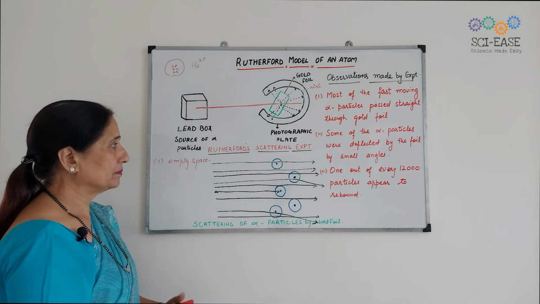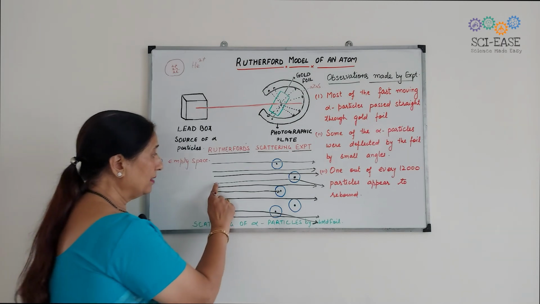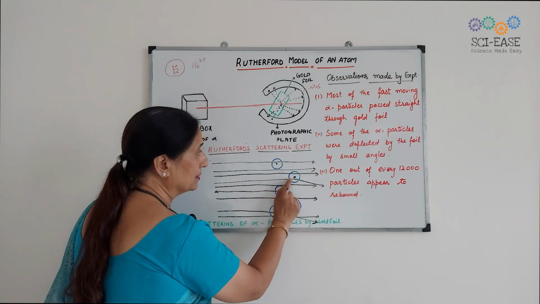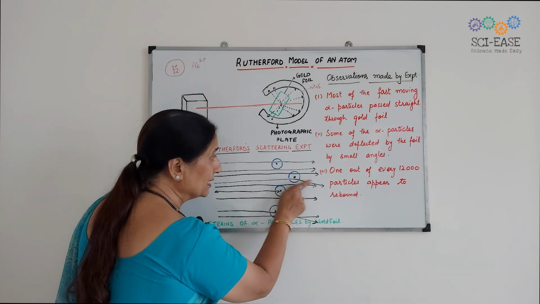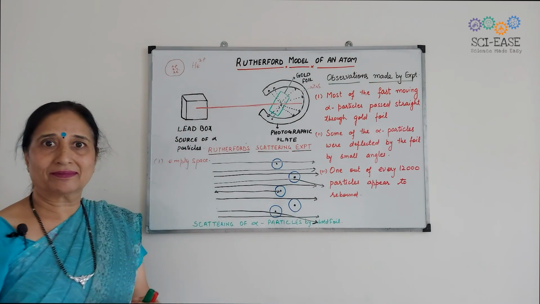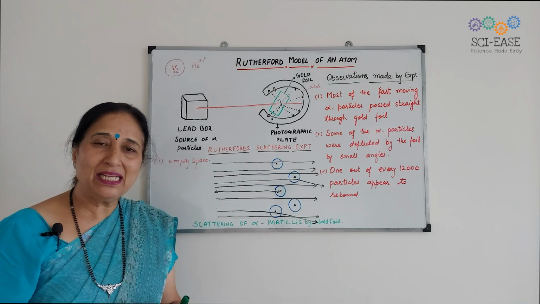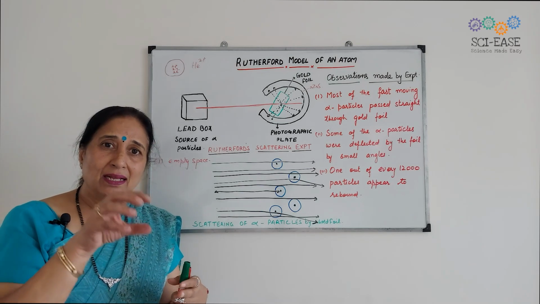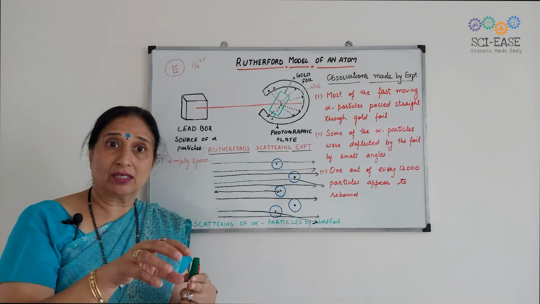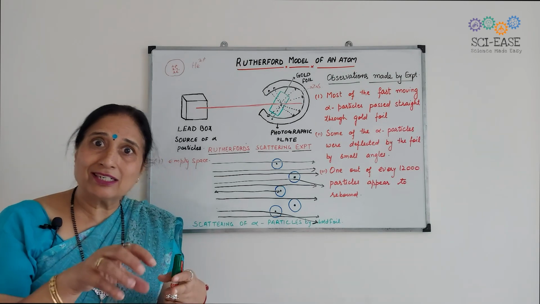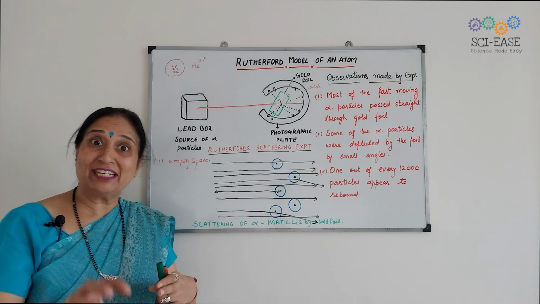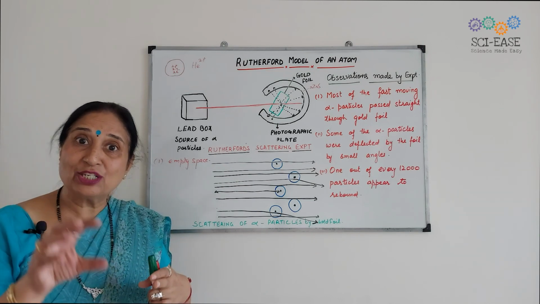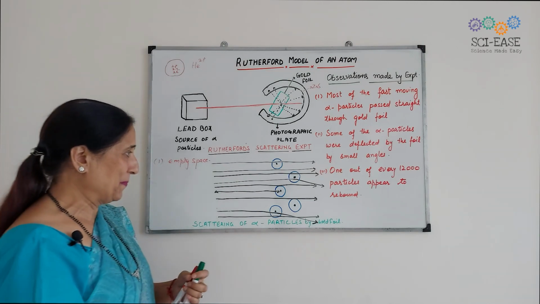Second, when the alpha particles passed near the nucleus, there is a small deflection. This means that there is some positive charge in the center of the atom.